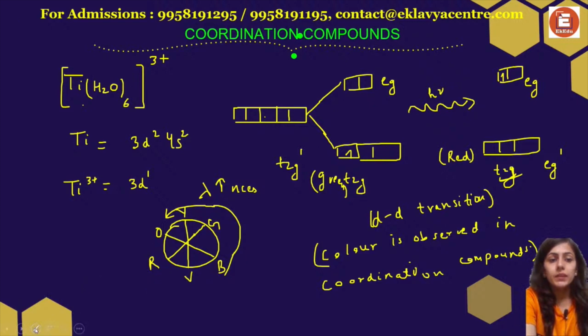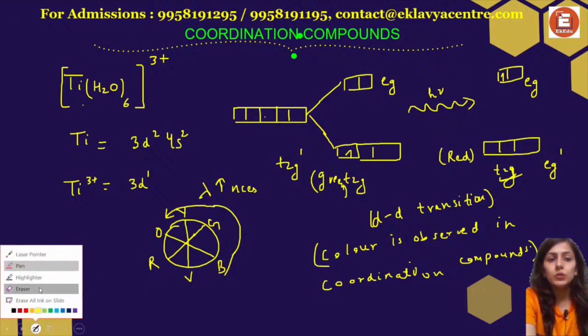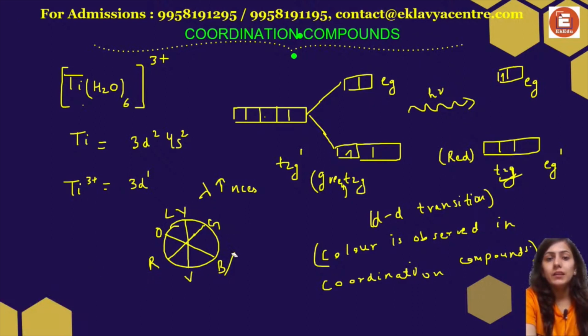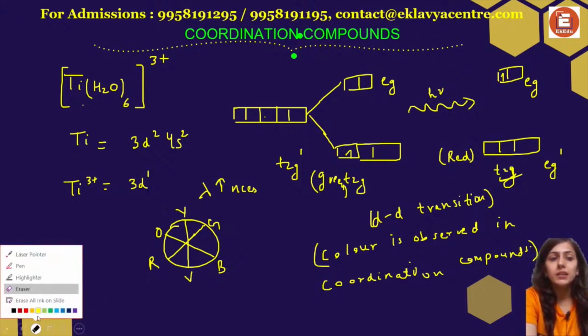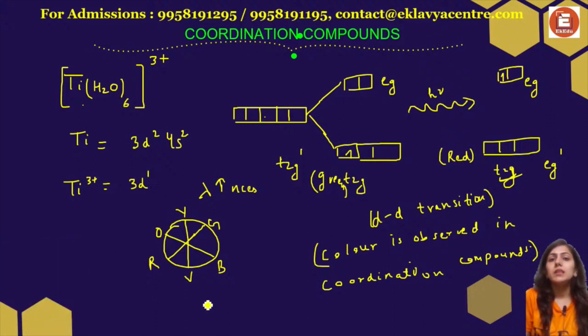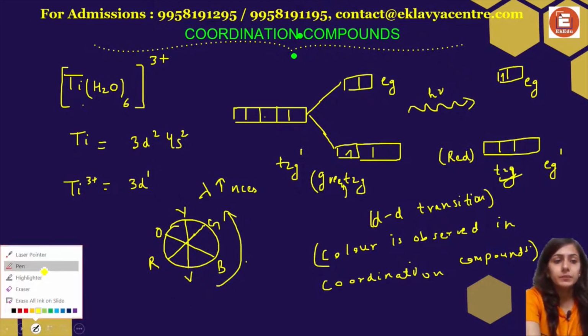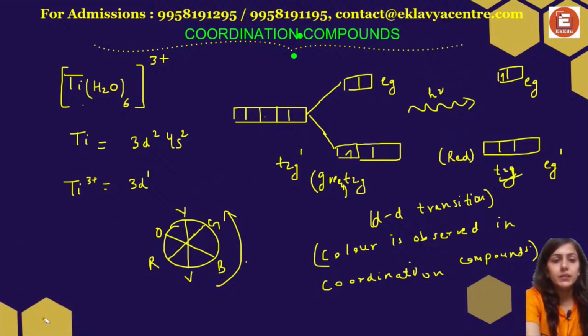That is why you must have read in your junior classes that red color has the longest wavelength. This is the reason behind sunset; whenever sunset takes place, we observe red color. So as we move towards red, the value of lambda increases.